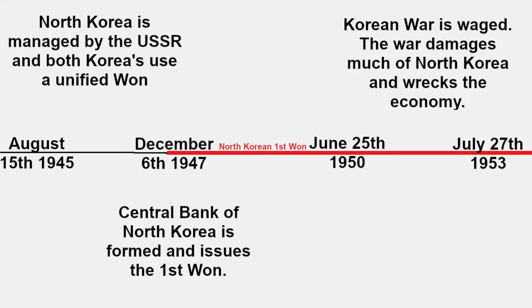However, once Soviet administration ended, on December 6th, the North Korean Central Bank issued the North Korean won. They basically spent the 6th and the 7th exchanging old currency or confiscating old currency to put out the new currency. At first, it was a managed float until 1948.